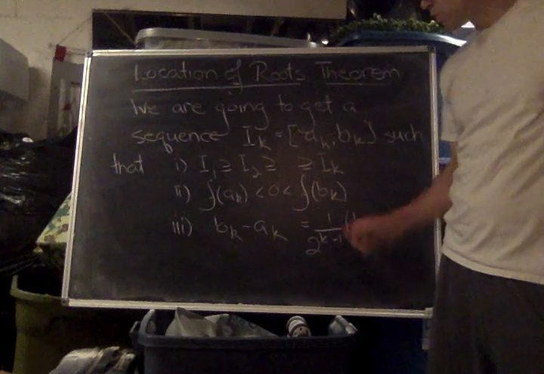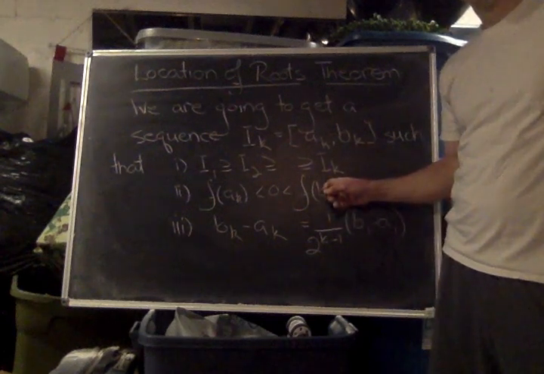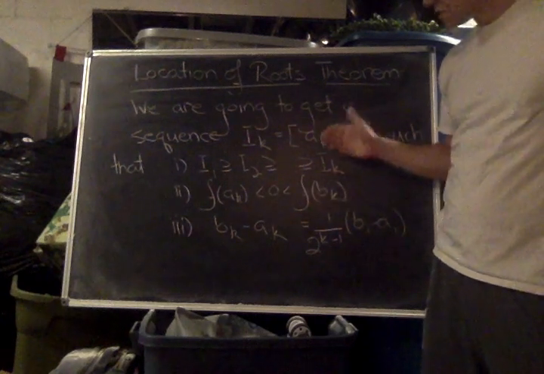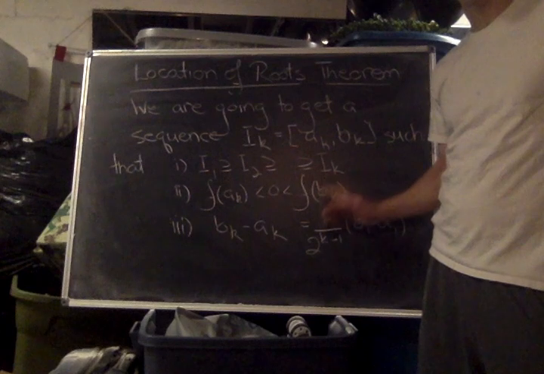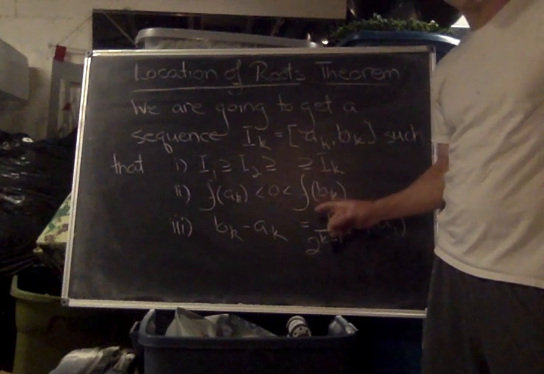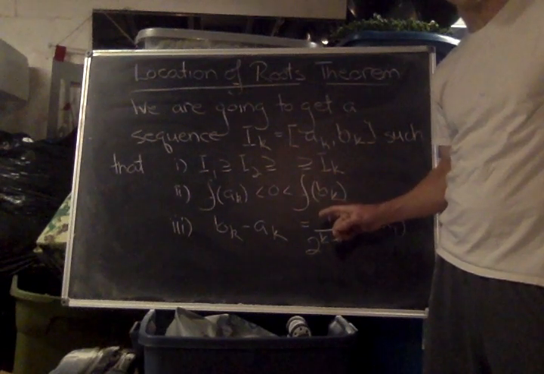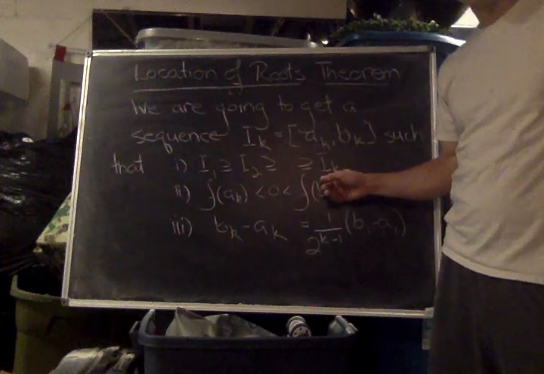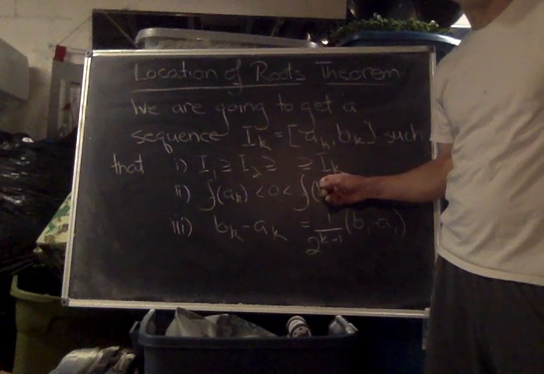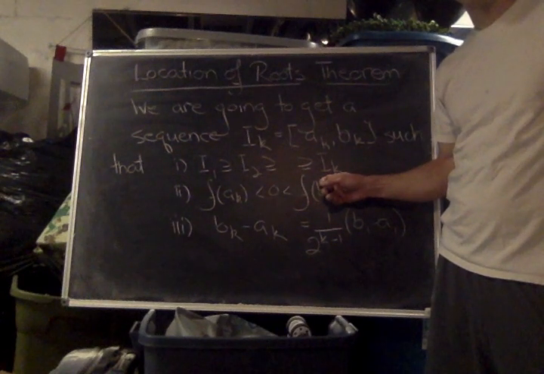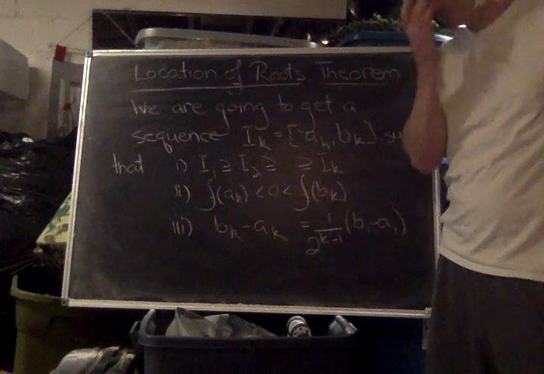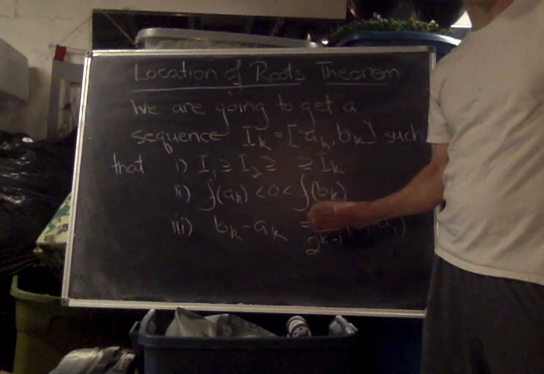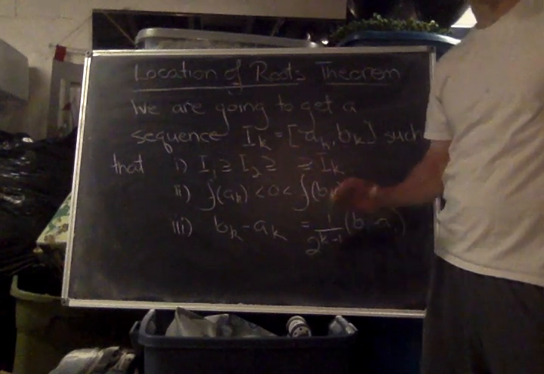You're going to find the midpoint of I sub k, and before you go on to find I sub k plus 1, satisfying these three lovely properties, you have to check, is it already perhaps that we've hit the lottery? Is it already perhaps the case that the midpoint of I sub k is in fact a point where the original function f is equal to 0? If that's the case, then that midpoint of I sub k, that's your c. That's where the function is equal to 0, and you stop.